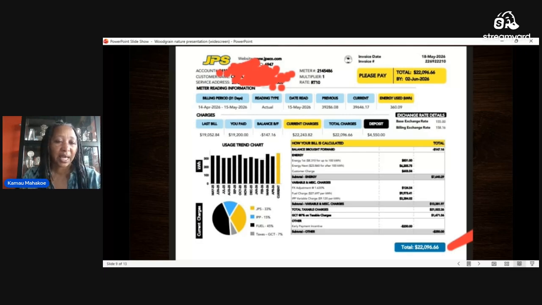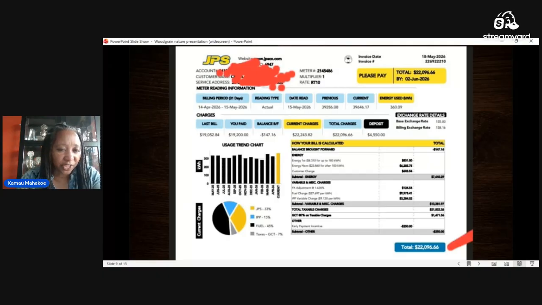Right. The energy used. So JPS splits your light into two prices. You will see energy first and energy next because they calculate them at different rates. So the first 100 units are cheaper than anything that comes after, right?